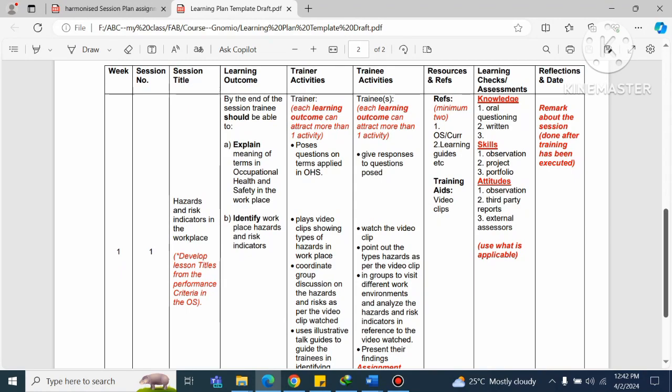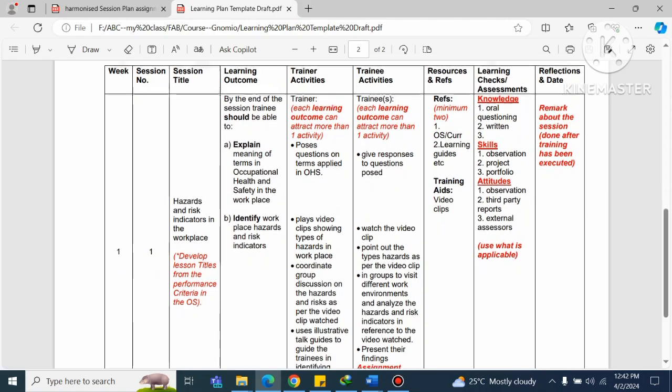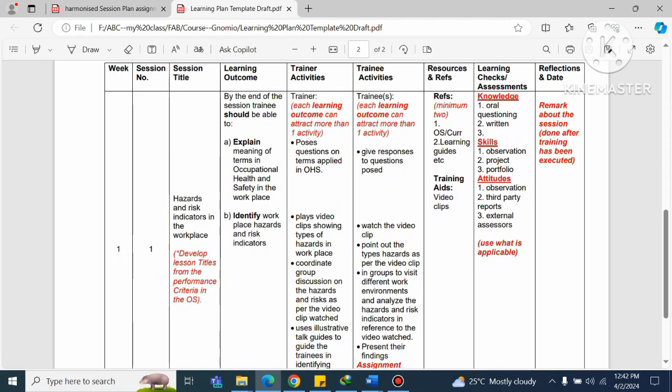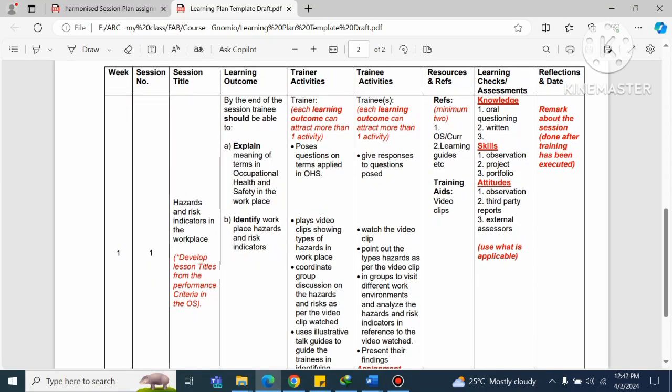Trainer activities are the activities you will be doing as the trainer. Each learning outcome can attract more than one activity. This will be guided by the learning outcomes that you expect to achieve. For example, the trainer poses questions on terms applied in occupational health and safety.